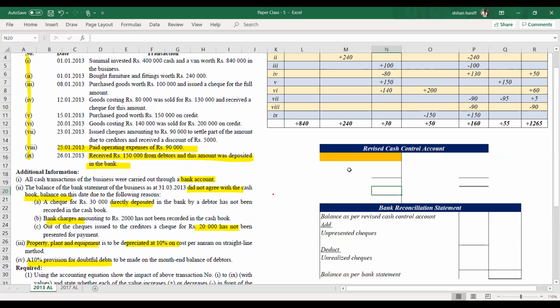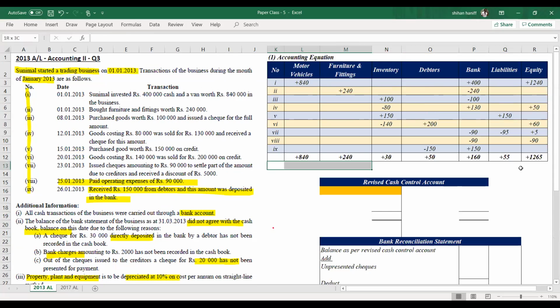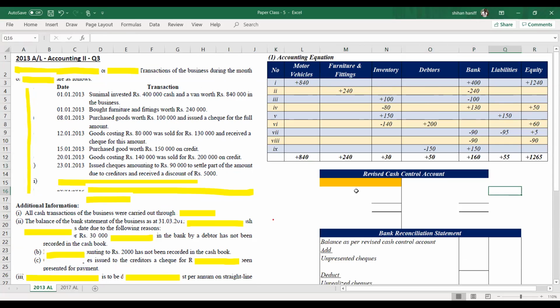A simple revised cash control account and bank reconciliation statement.